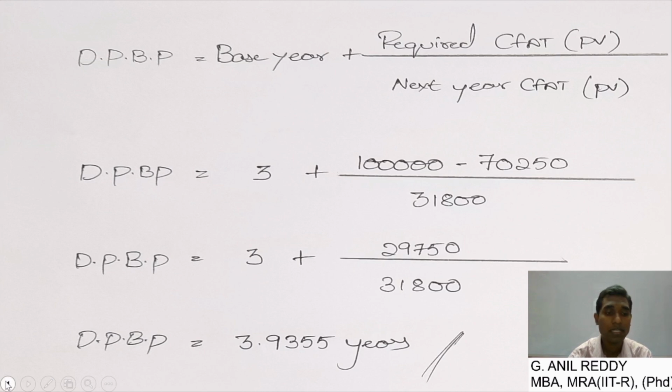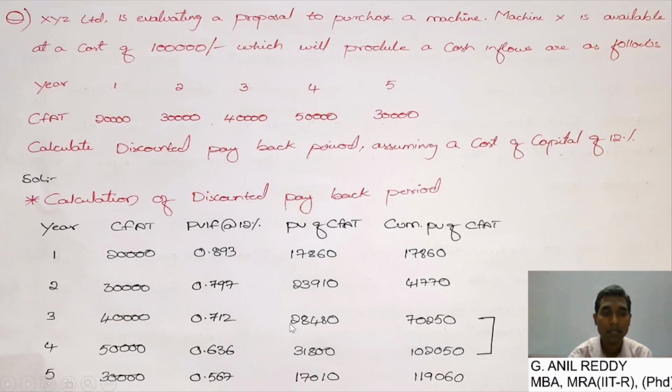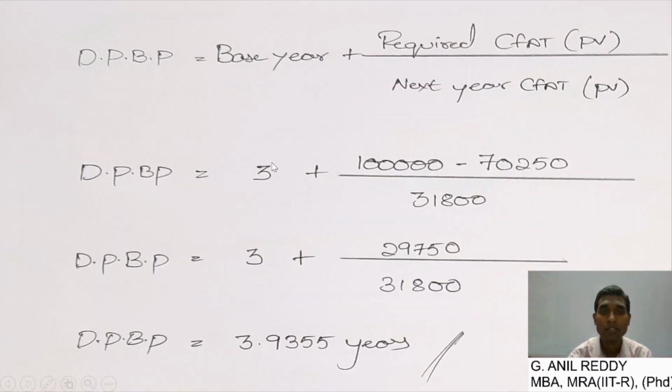By the end of the third year I will be recovering 70,250, so this becomes my base year. The base year is 3 plus. By the end of the base year, I have recovered 70,250, but my actual CO is 1 lakh.